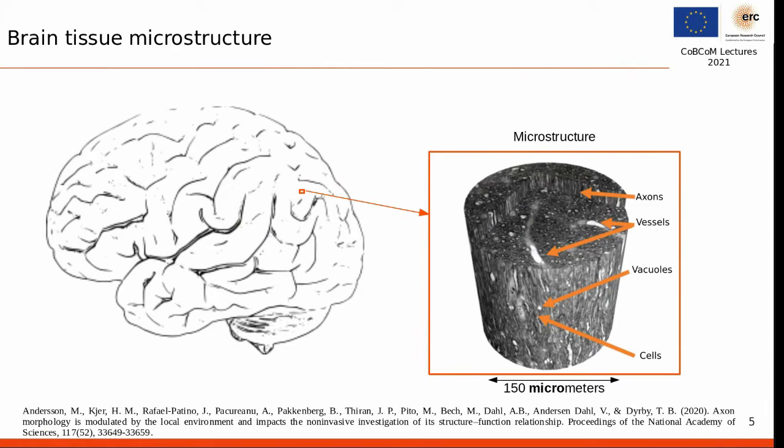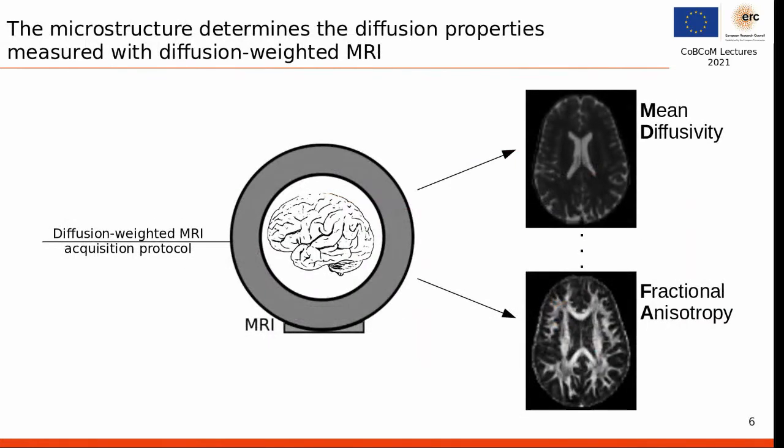And so here we are zooming at 150 micrometers scale. This is synchrotron imaging. And now we can understand why diffusion is so important, because it actually occurs at the scale that corresponds to the scale of these structures. So we can say that the microstructure determines the diffusion properties that we measure with diffusion-weighted MRI.